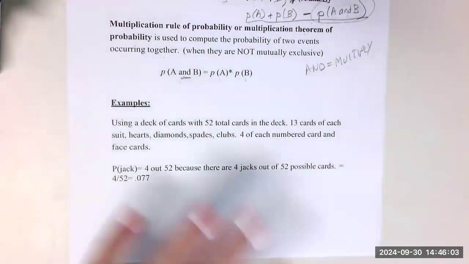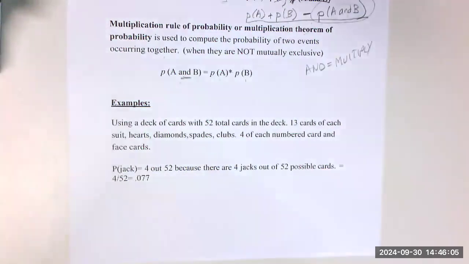And each suit has ace through king, right? Ace, 2, 3, 4, 5, 6, 7, 8, 9, 10, jack, queen, king. So that's kind of your N. You've got an N of 52 cards, and you know that 13 are spades, 13 are hearts, 13 are diamonds, and 13 are clubs.